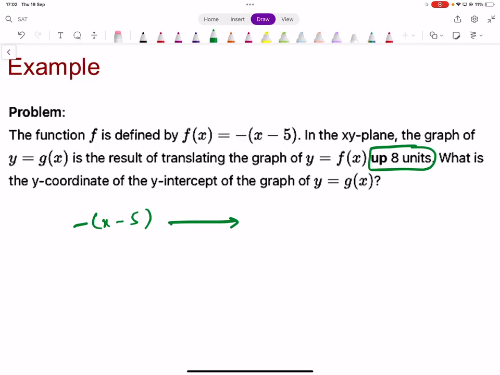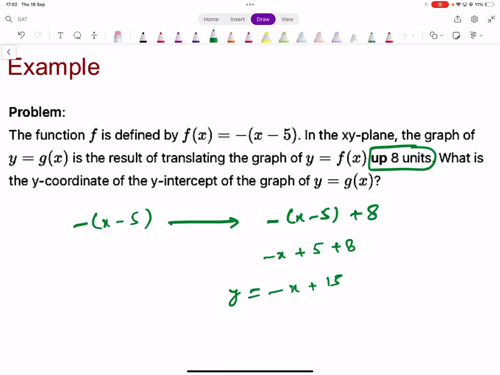It's going up by 8 units. Is that vertical or horizontal? Vertical. So something is supposed to be done outside the whole thing. So minus into x minus 5 plus 8. Right? And now you simplify this: minus x plus 5 plus 8, minus x plus 13. It's y equals minus x plus 13.